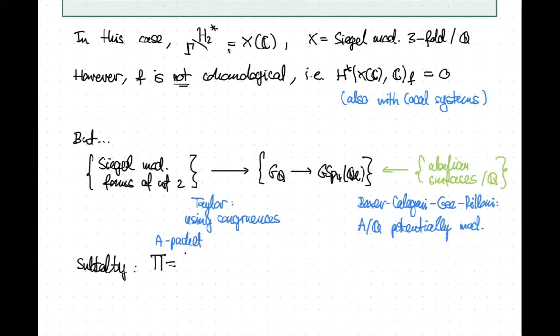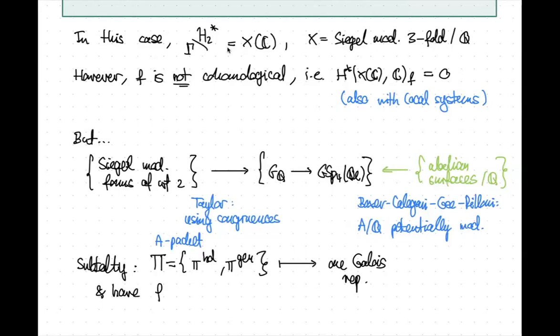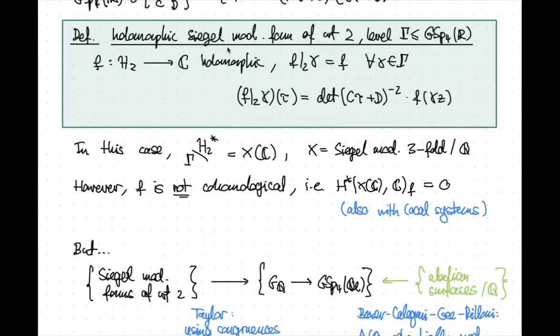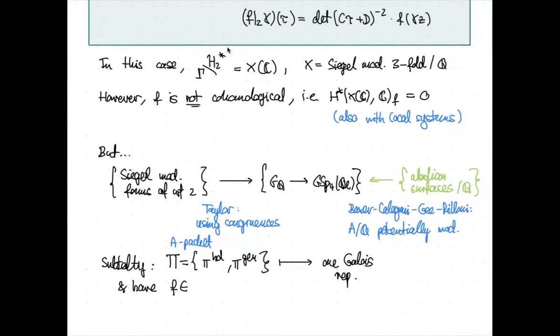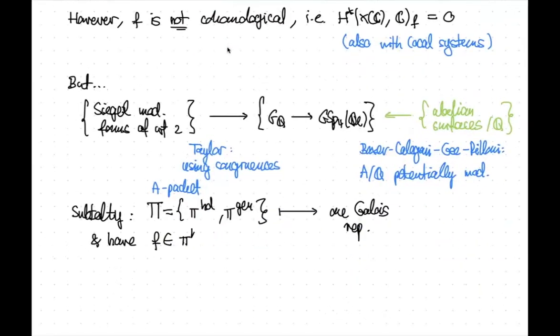So there's some packet which consists of a holomorphic representation and a generic representation, which both map to the same Galois representation, one Galois representation. And you have this modular form that I wrote above, this holomorphic Siegel modular form, and it's actually an element of this first representation. So it belongs here.